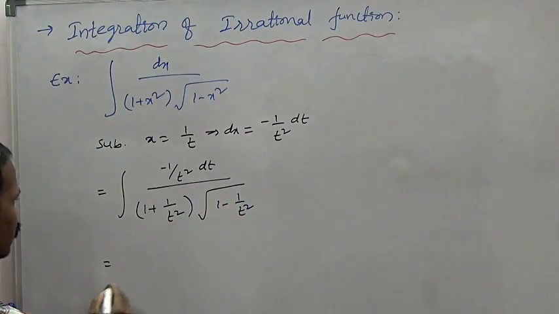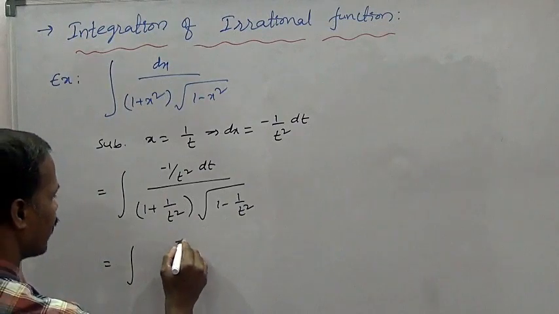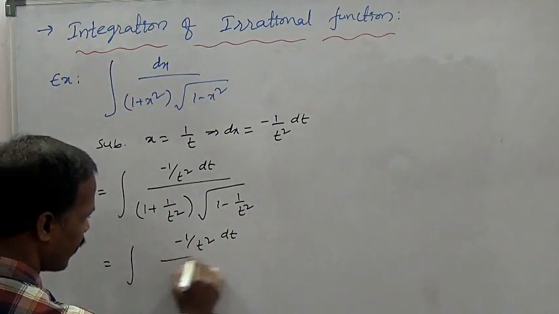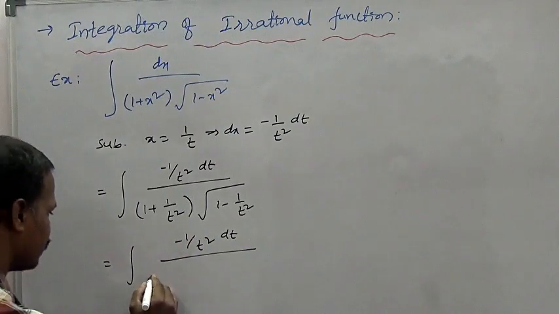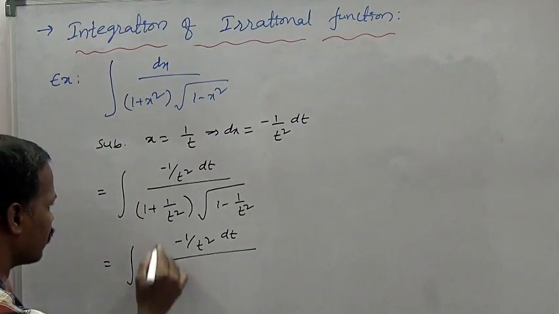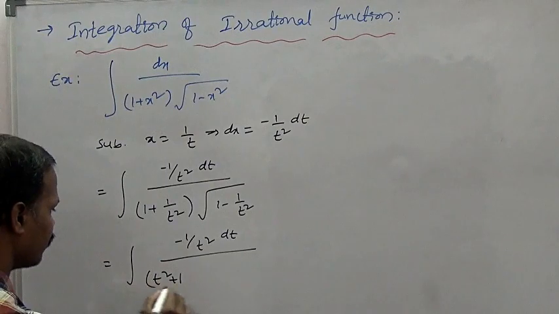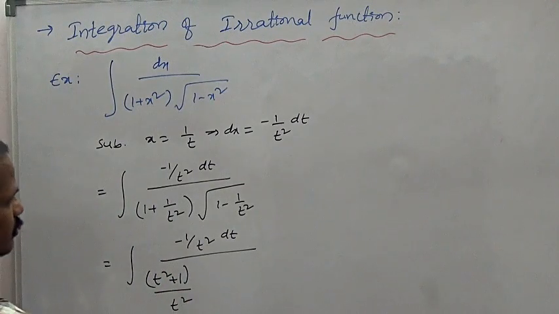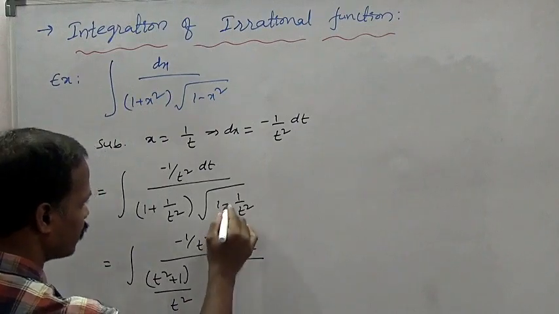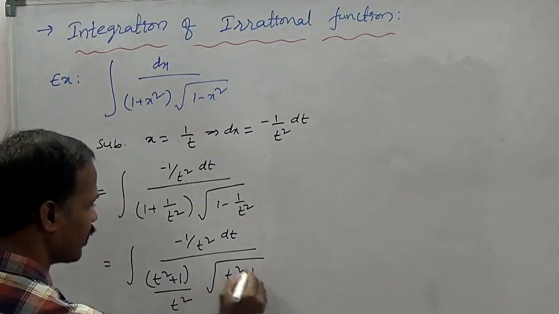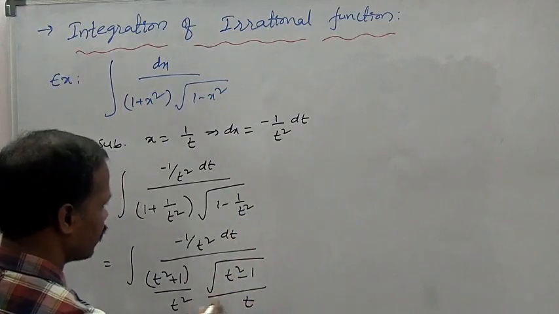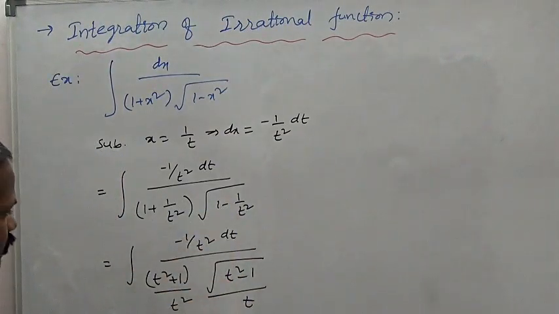This equals integral of minus 1 by t square dt by t square plus 1 by t square, square root of t square minus 1 by t square, that is under root t square, so outside it is t.